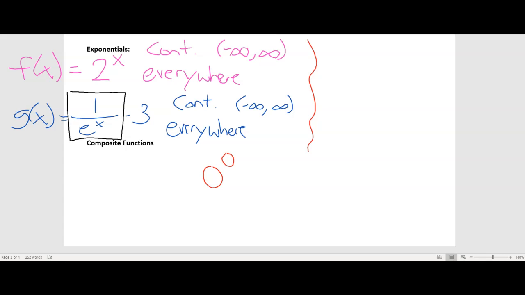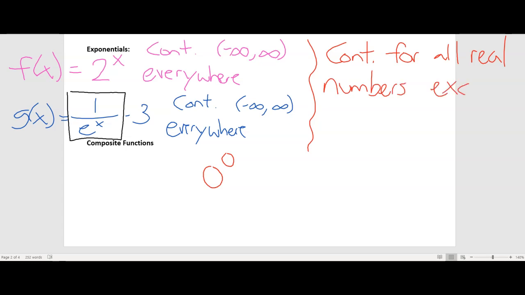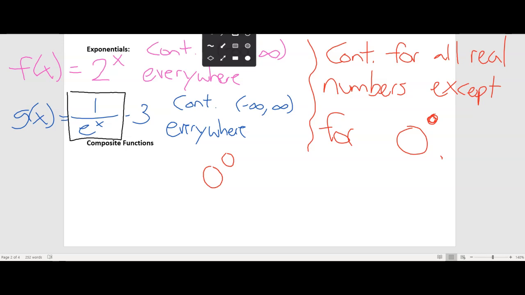So exponential functions are continuous for all real numbers, or you could say continuous everywhere, except for 0 to the power of 0. But in general, for all intents and purposes, exponential functions are continuous everywhere.